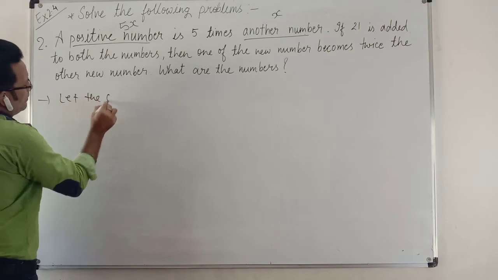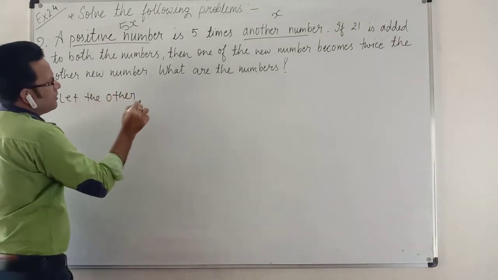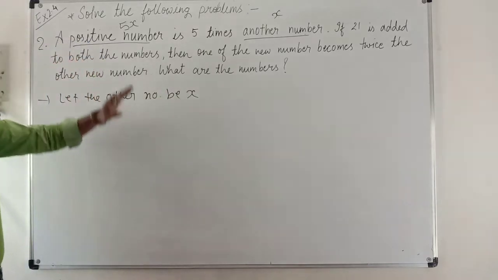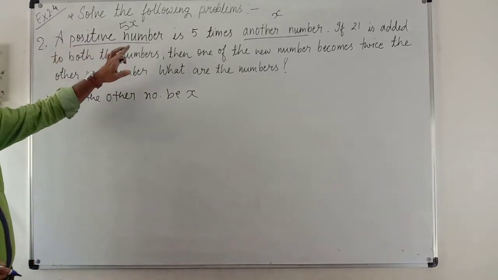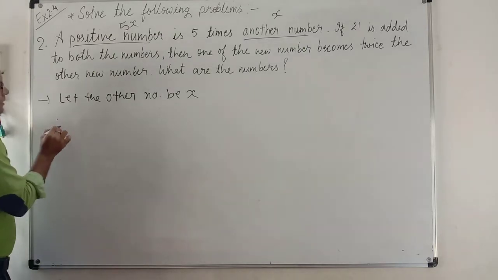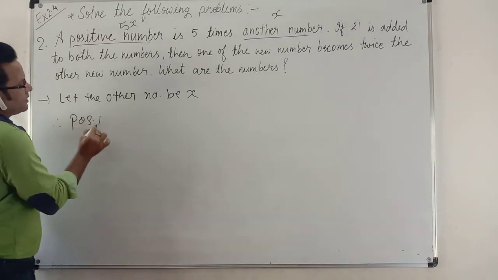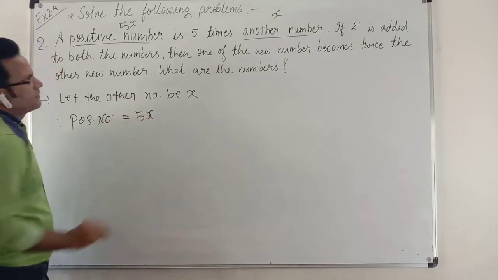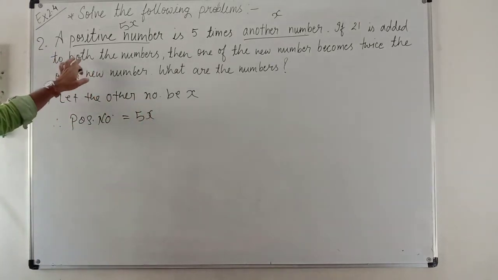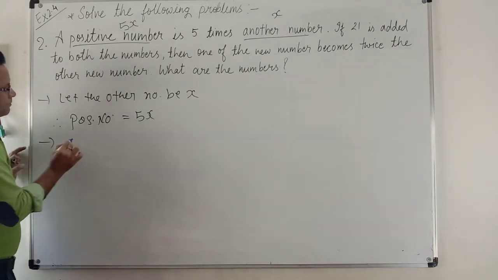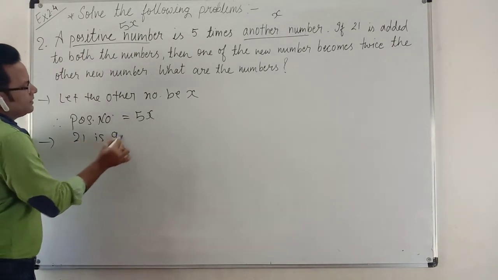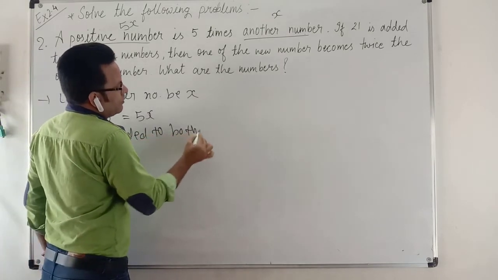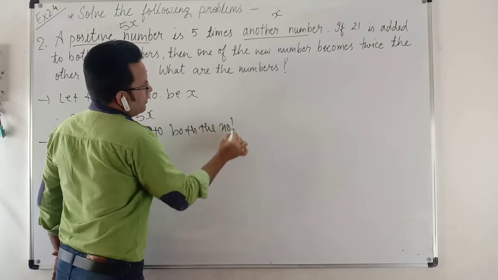So first of all, let the other number be x. Okay. Now the positive number is 5 times, therefore the positive number is equal to 5x. Now 21 is added to both the numbers.